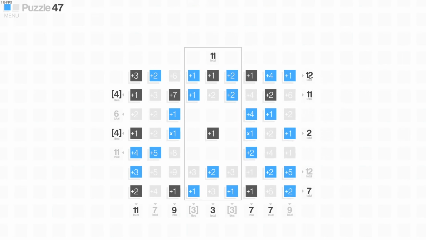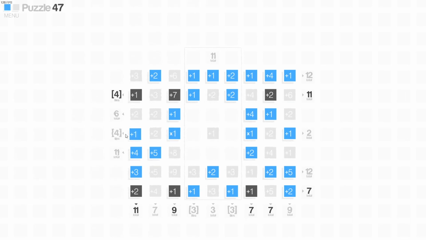And now back up on this first row, we've got 5, 8, 10. So this can't be a 3. And we'll finish off that row, which also tells us that middle one is gone.